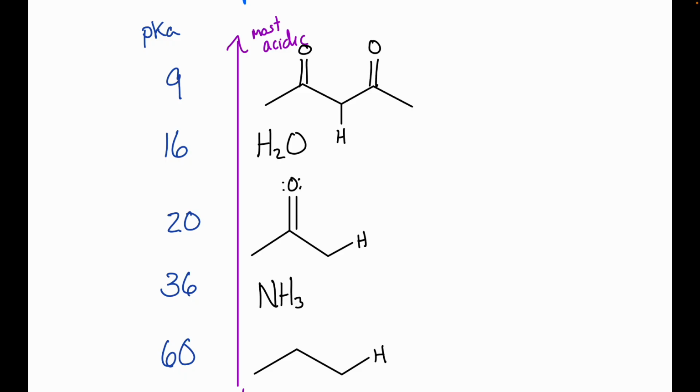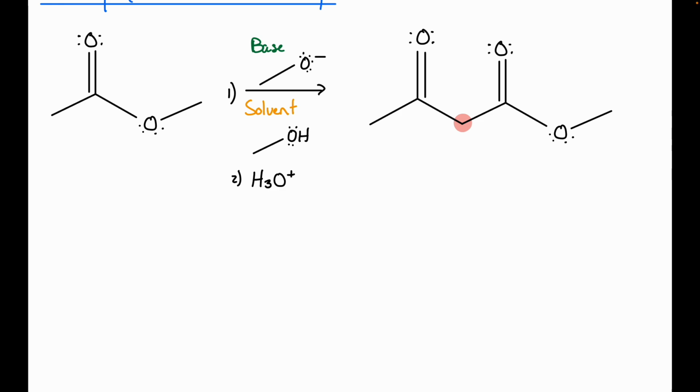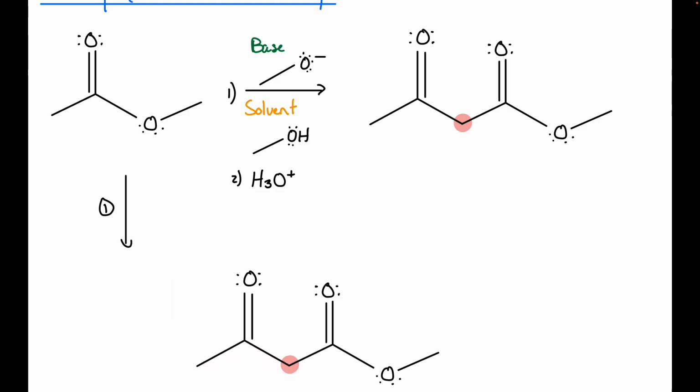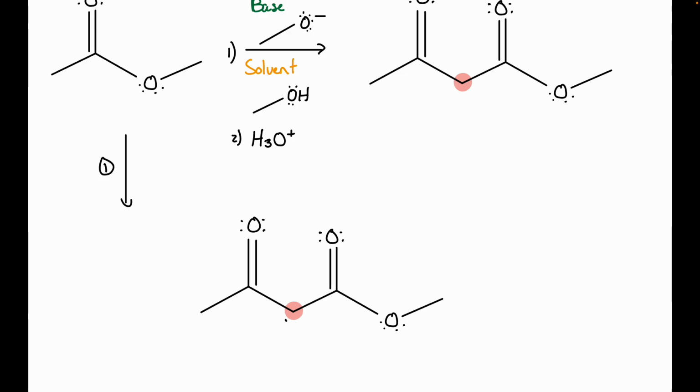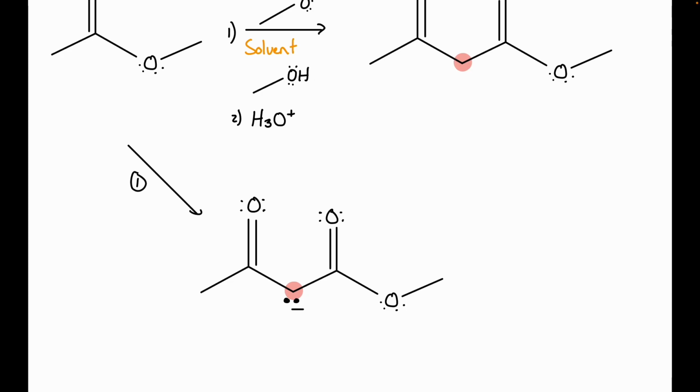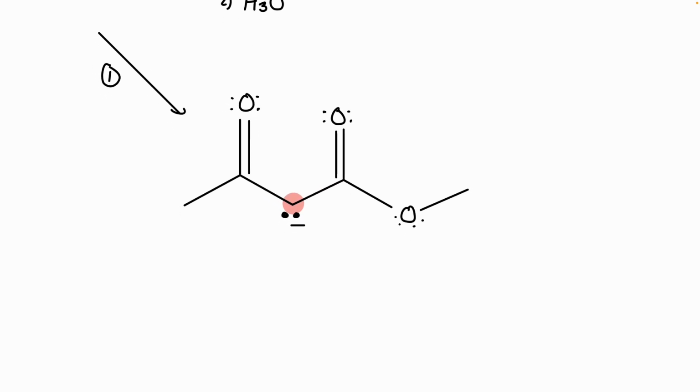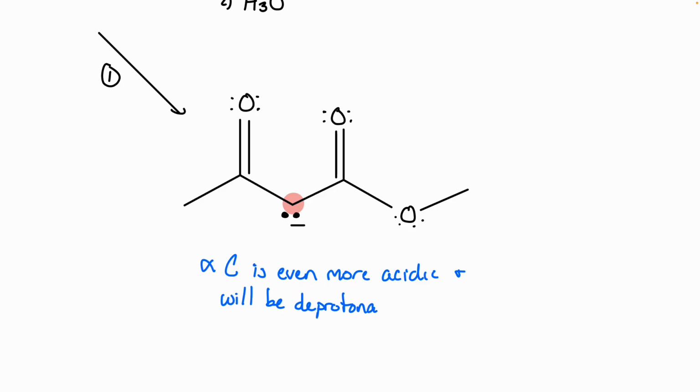So at the end of that first step, I create my product here, but that'll again just react in that basic solution to be an enolate ion. So after step 1, that alpha carbon is even more acidic and will be deprotonated.